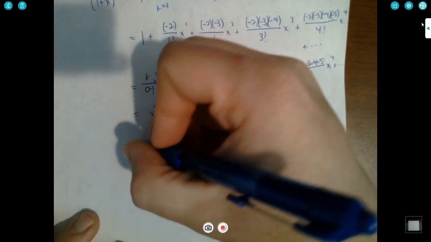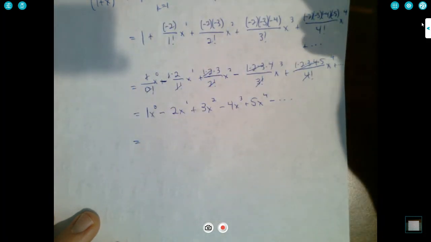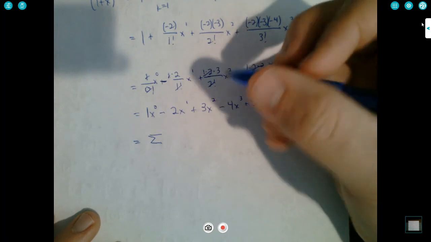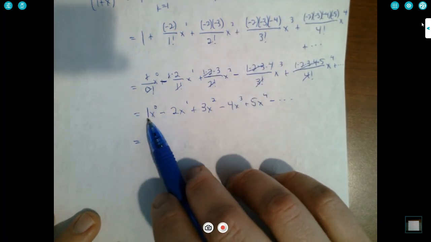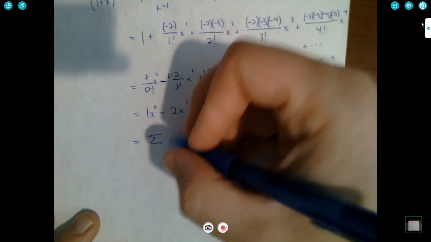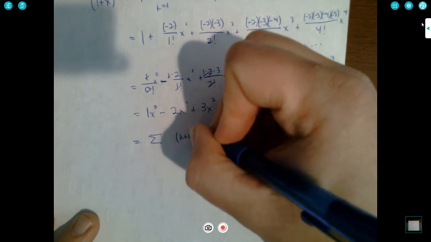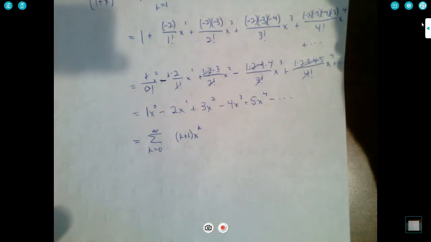So rewriting that as a sum now. By the way, this is a 1. So I think I can write this as the sum. If I call this x to the k, then this is k plus 1. So I'm going to have k plus 1 times x to the k, and I'm going to go from k equals 0 to infinity.